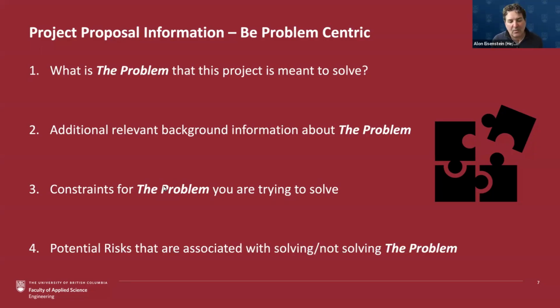And finally, what are the risks of solving the problem, and what are the risks of not solving the problem? The more we understand the reality of the problem from your perspective, the better the students have a way to start preparing for and solving it with you throughout the capstone experience.